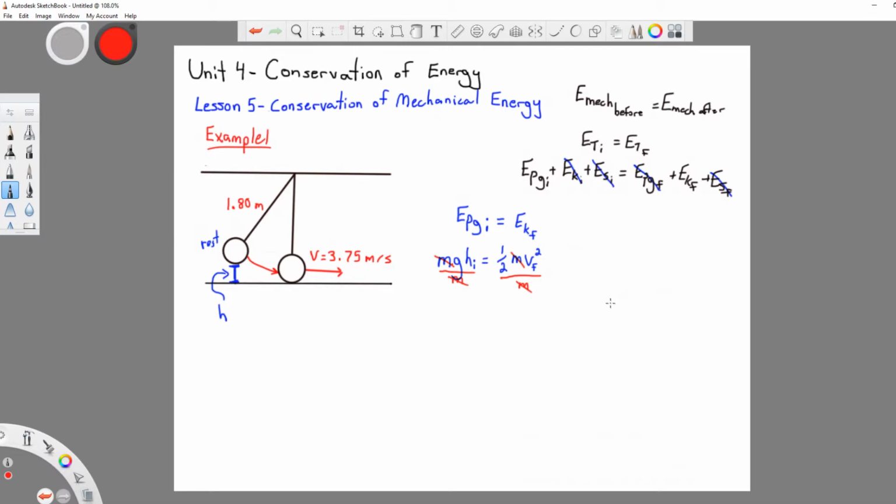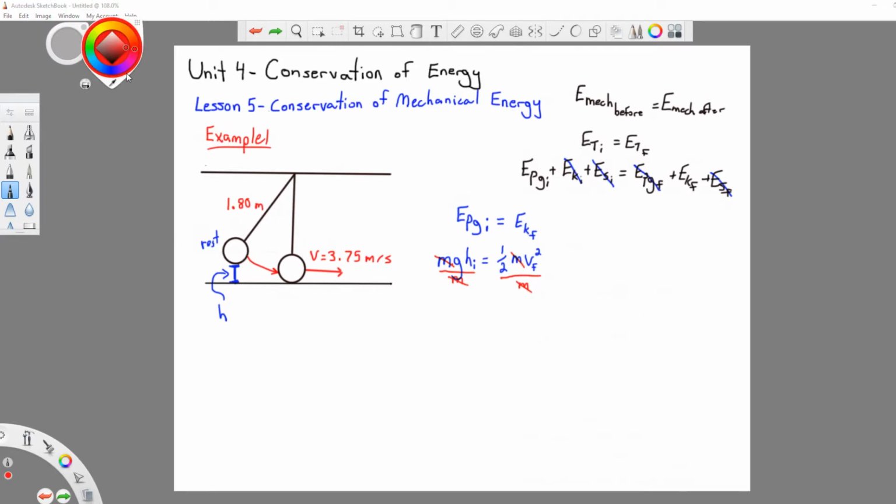What really will start messing you up is if you have the spring formula, because the spring formula is 1/2 kx squared. There's no mass value involved in here. So if you have any spring components, you can no longer cancel mass, which is a little bit of a bummer, but it's just the way it goes. There'll be other ways to solve it.